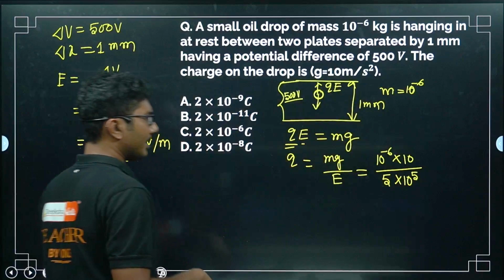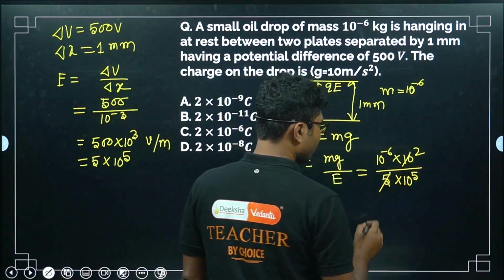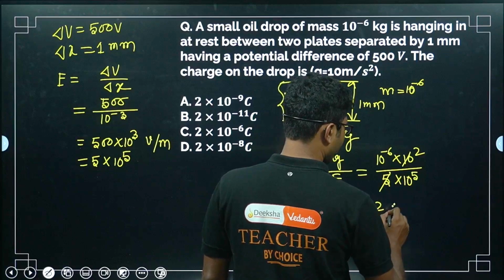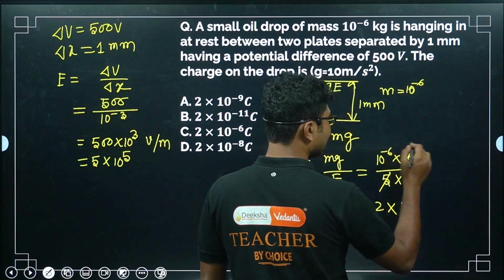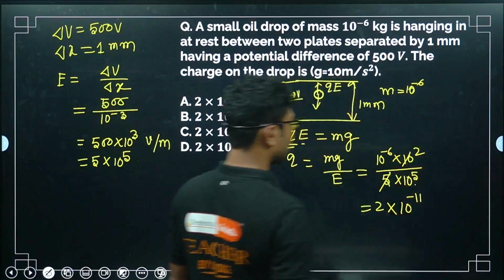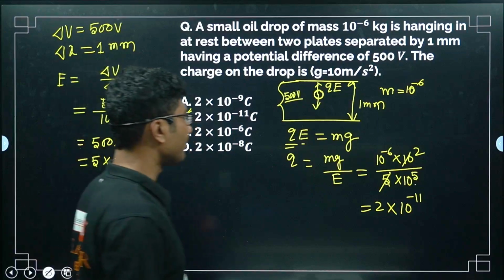Now let's calculate. It will be 2 times, this 5 will go up and it will become minus, so minus 6 minus 5, minus 11. So 2 times 10 to the power of minus 11. So the correct answer is option B.